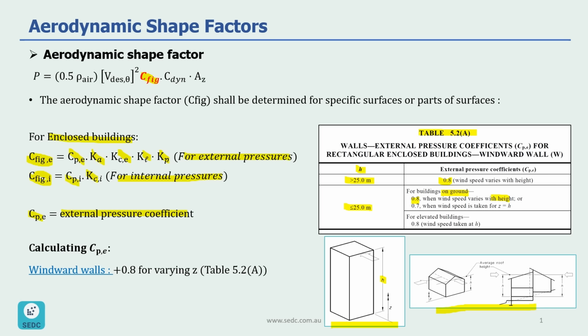When wind speed is taken for z equal to h, then this value would be 0.7. For elevated buildings, this value would be 0.8. So in our case, because the height of our building is 50 meters, our Cp,e would be 0.8.